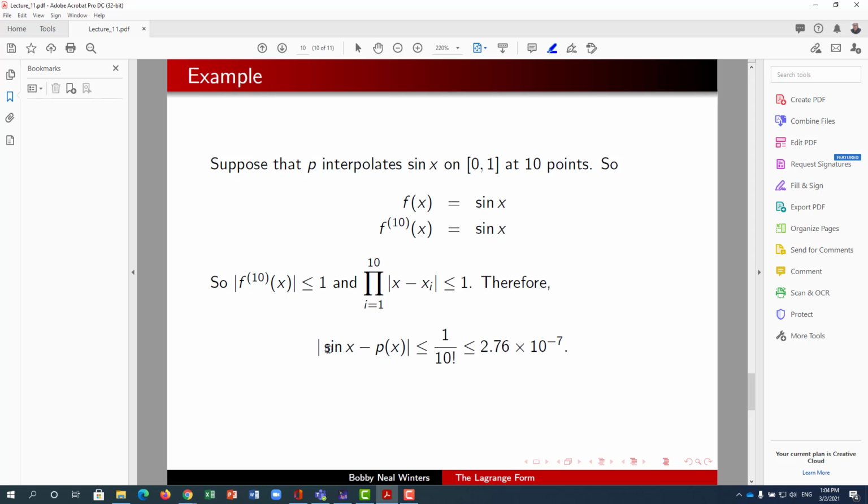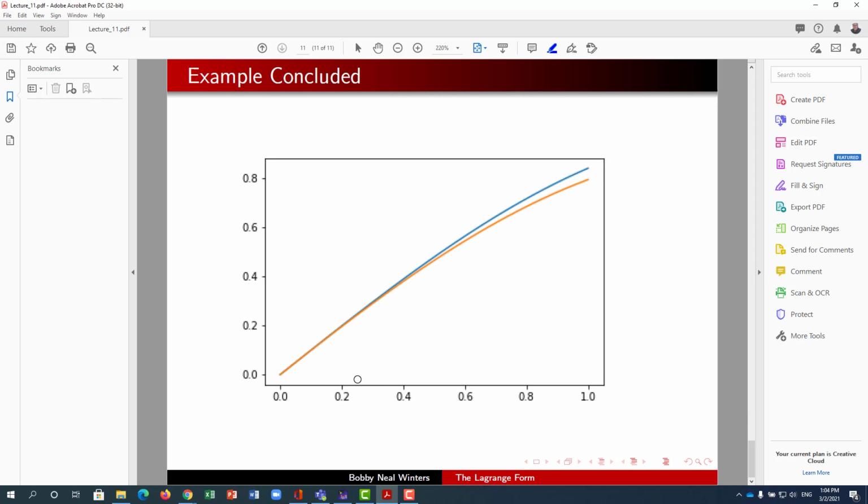And so here we can see that sine of x minus p of x is going to be less than or equal to 1 over 10 factorial, which works out to 2.76 times 10 to the negative 7th. And if we graph it, we can see the orange here on the bottom is our polynomial. The blue on the top is our function sine. And so that's what it looks like.